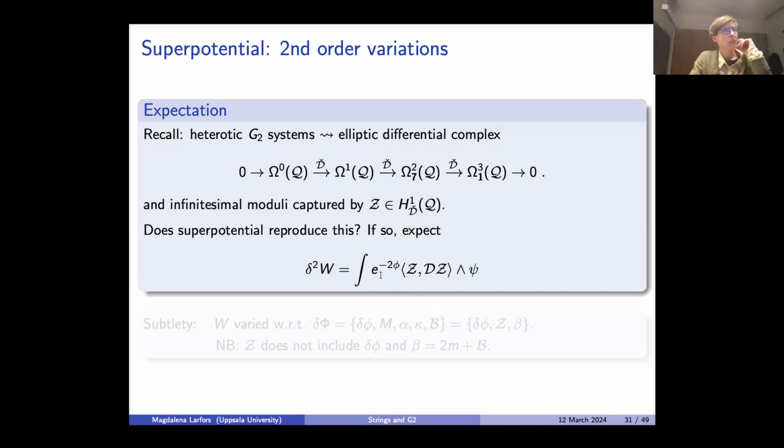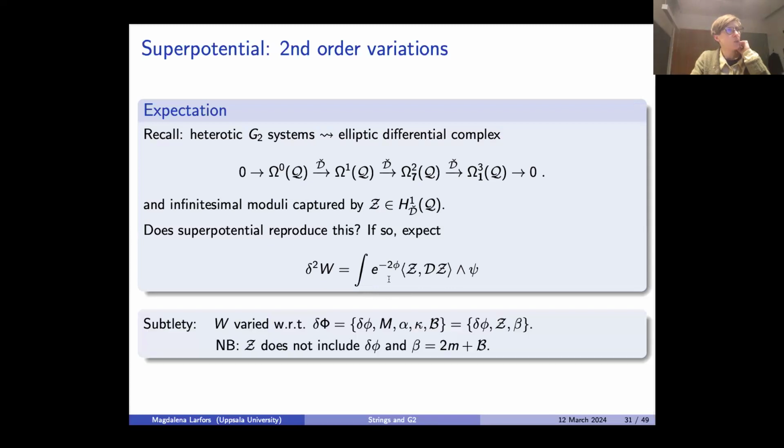So this is what we expected, and this was where we started about a year ago, trying to write this down. But then we ran into some problems which were related to this condition that we had on the way that we had related the variations of the B field and the geometry.